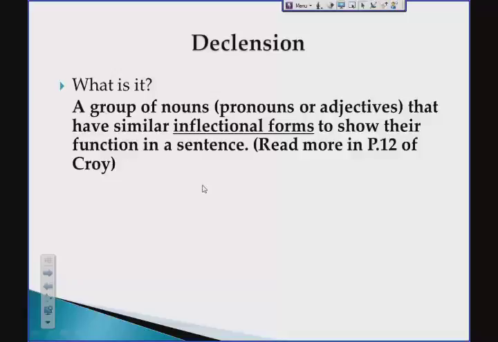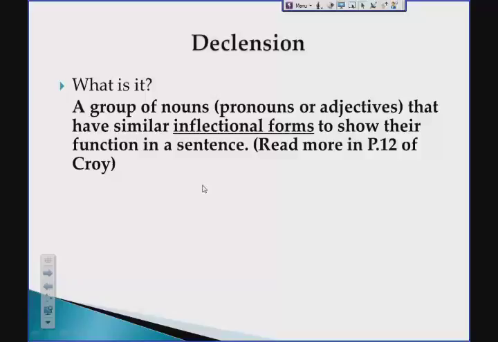That is just a technical way of saying similar endings. The ending forms, inflectional forms, show their function in the sentence. In other words, a particular ending tells you that this noun is functioning as a subject, or an object, or a genitive, or a dative, or accusative.